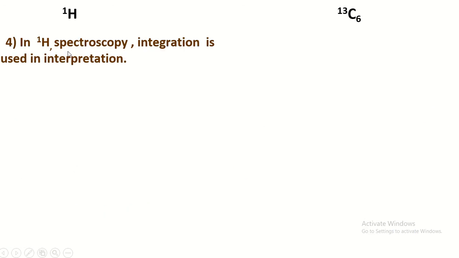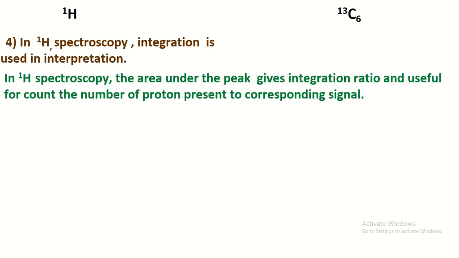Friends, in H-1 spectroscopy, integration is used in interpretation. What does integration mean? In H-1 NMR spectroscopy, the area under the peak gives the integration ratio, and it is useful to count the number of protons present in the corresponding signal.